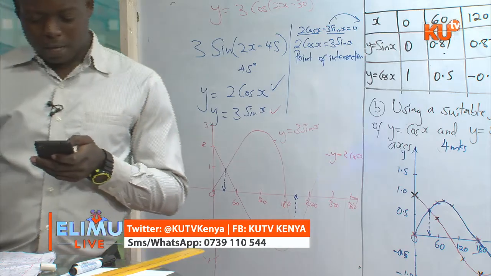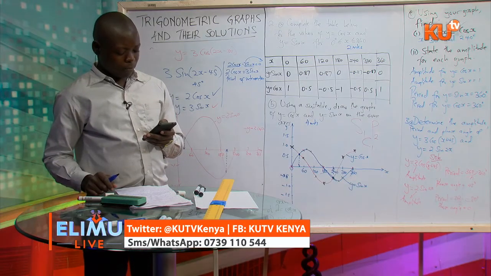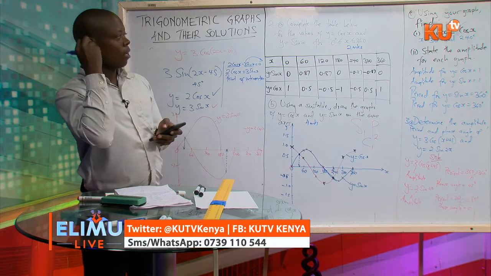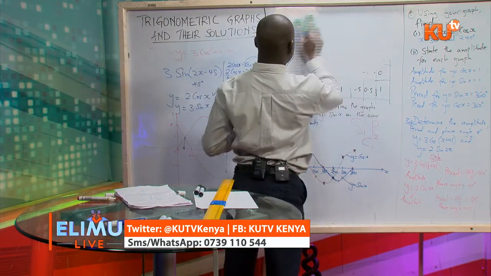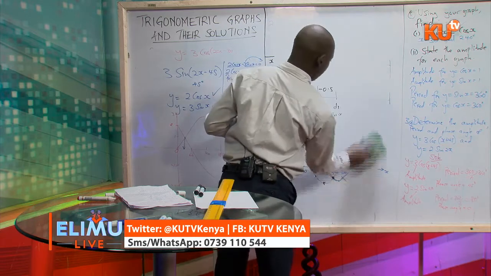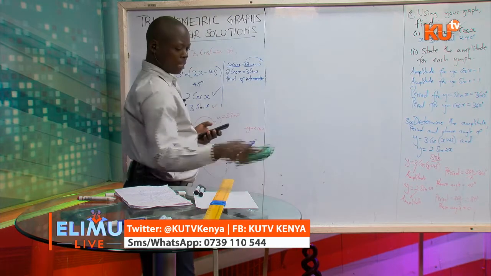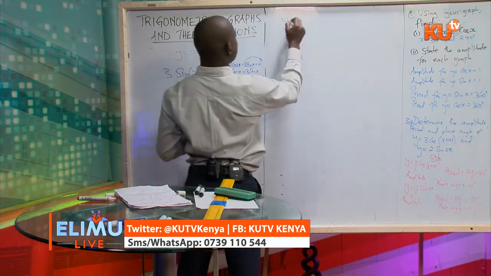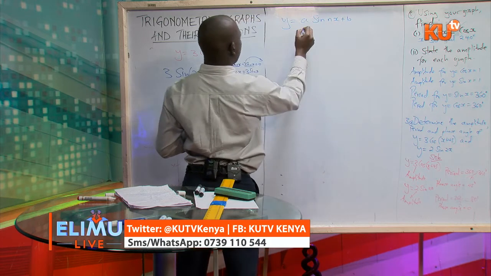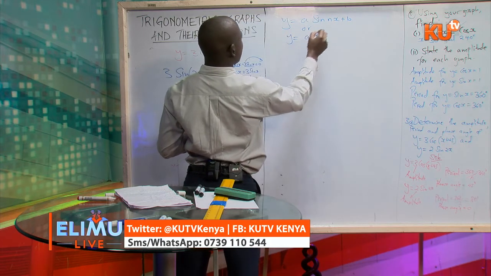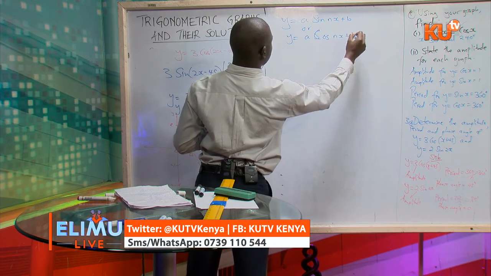That is good, Emmanuel. Gloria from Nakuru Girls, please explain the determination of amplitude and phase angle without a graph. When you're looking at the amplitude, period, and phase angle without using the graph, I've given a very simple principle. You'll be given y is equal to a sine (nx + b), or you'll have y is equal to a cos (nx + b).